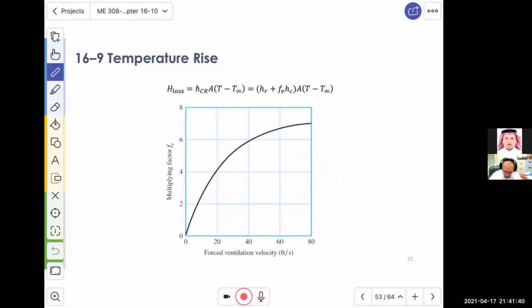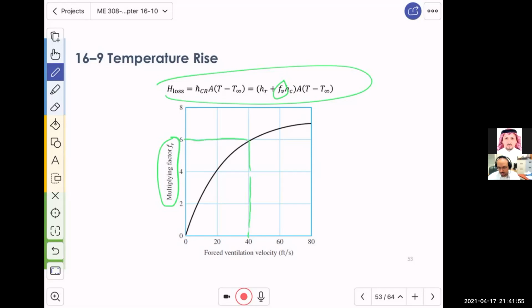I just kept the same equation here, just to remind you that this one is actually the ventilation factor. If you know the forced ventilation velocity, you should be able to get that FV right away. If you know these factors, then you will know how much you are actually losing.